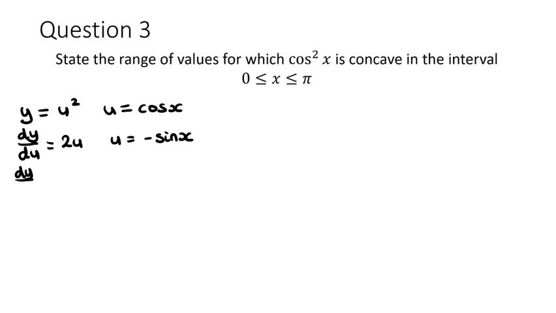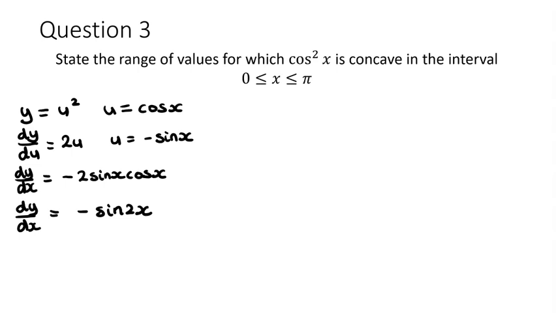So your dy by dx is just minus 2 sine x cos x. That's your first derivative. Now we want to differentiate that again. You've got function times function, so you could use product rule, but why not make life a little bit easier? Whenever I see a sine x and a cos x next to each other, alarm bells ring: 2 sine x cos x is sine 2x.